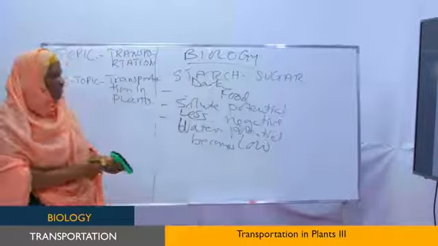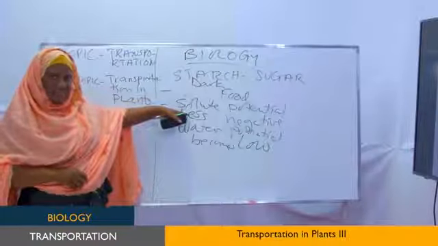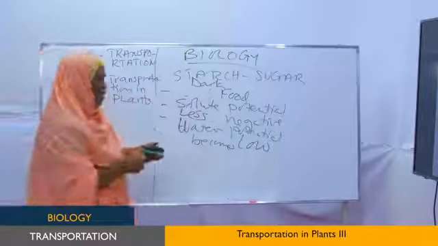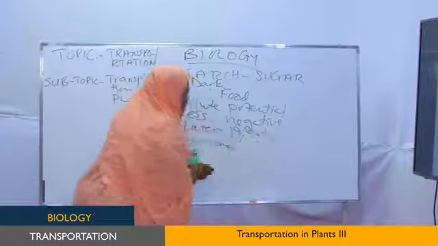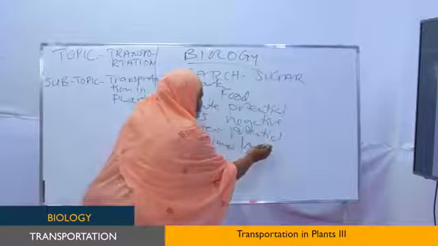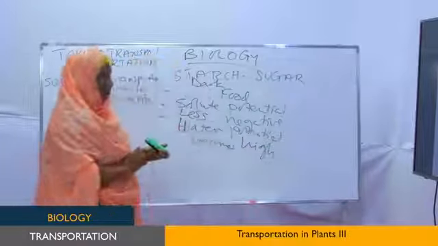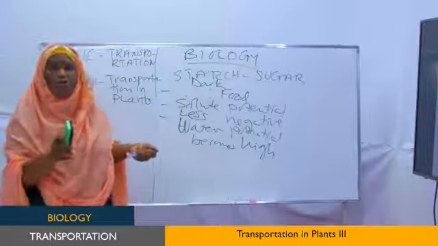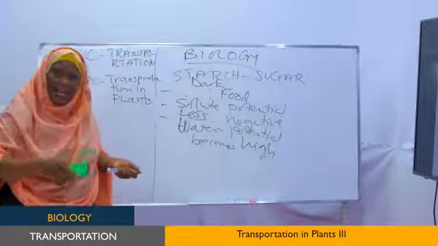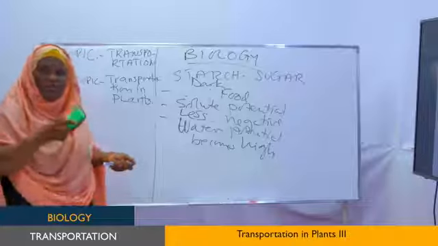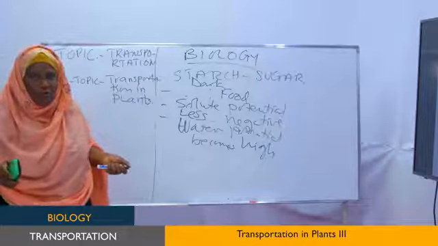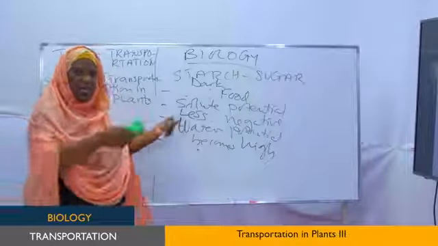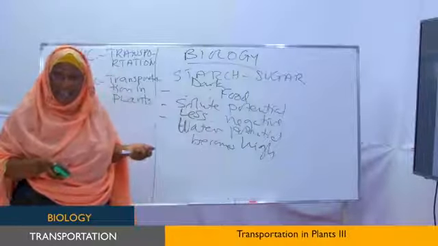Solute potential becomes less negative. At the same time, water potential becomes high. This makes water now move from the area of high water potential to the area of low water potential, from guard cells to nearby epidermal cells.